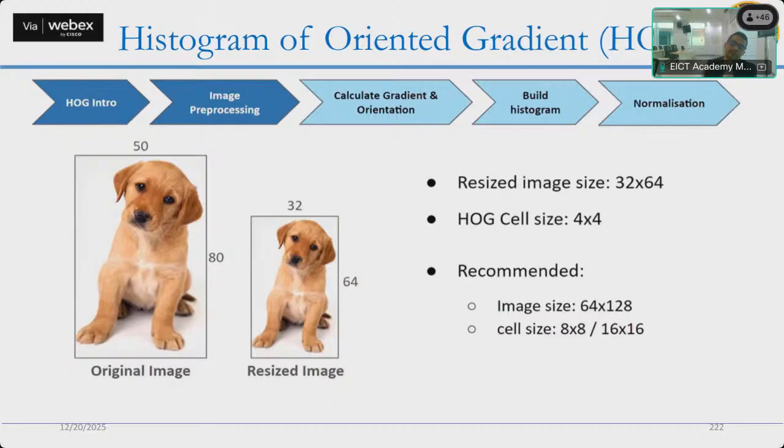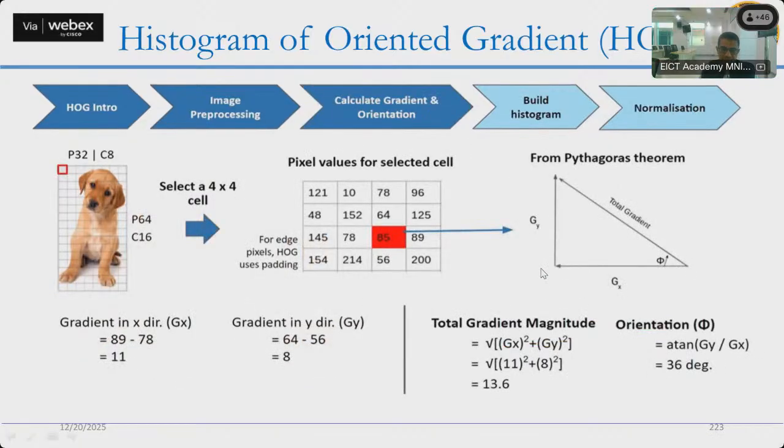Every cell will be covered without covering it twice. That's why we take an exact multiple in this way. So it has been suggested here that the image size is 64 by 128 and the cell size 8 by 8 and 16 by 16, because it's a complete multiple.